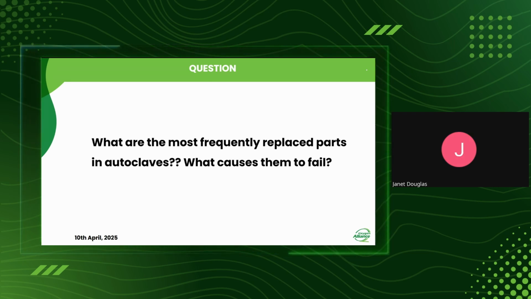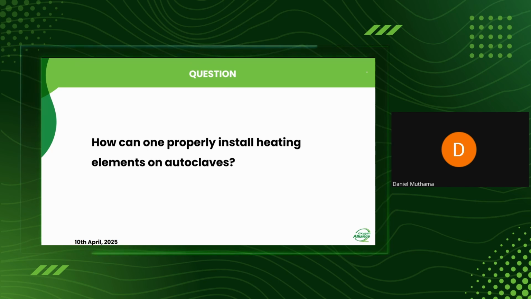Yes, Daniel. Thank you. The electric heating element is connected from the miniature circuit breaker. From the miniature circuit breaker it is connected to the contactor. From the contactor, it is connected to the electric heating element. If the miniature circuit breaker is faulty, let's say it is C45, replace it with the same rating, C45 3-pole.